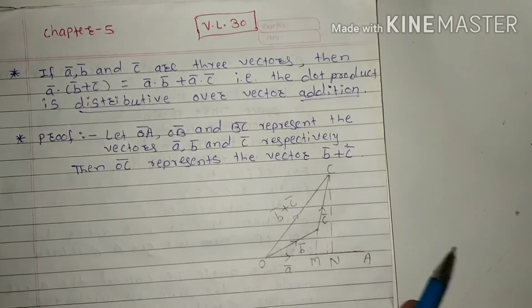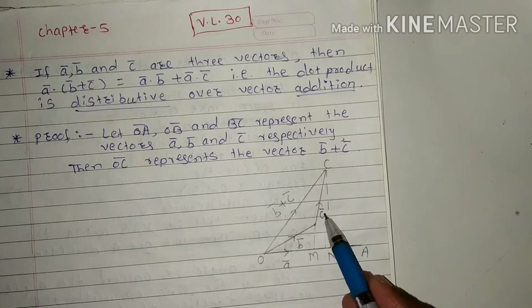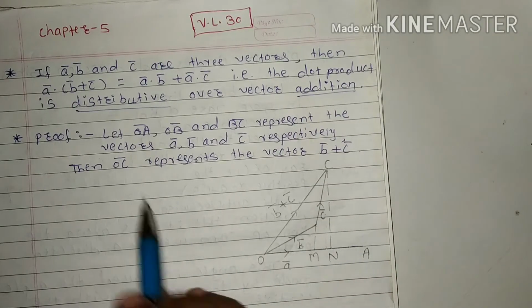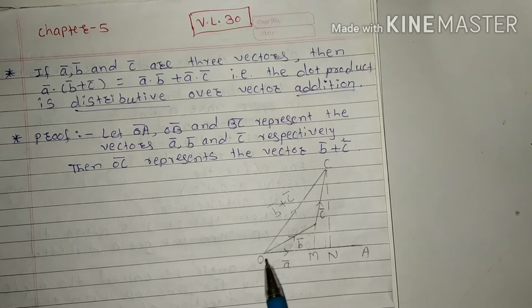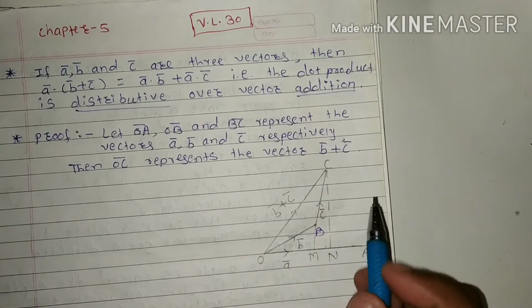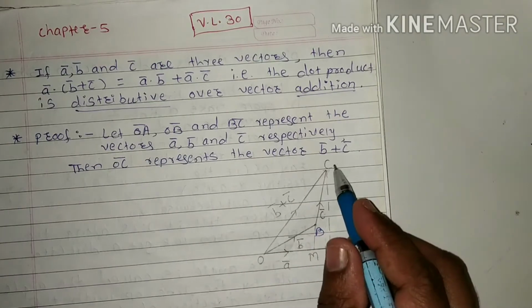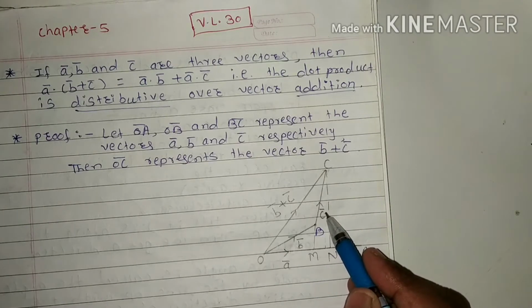In the proof we take three vectors, a bar, b bar, c bar. Let OA bar, OB bar and BC bar represent the vectors a bar, b bar and c bar respectively.